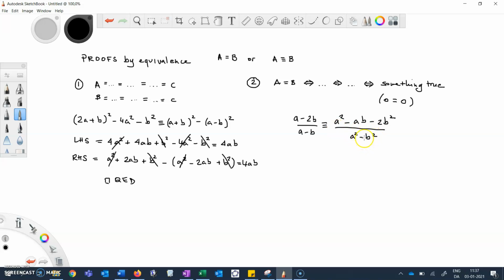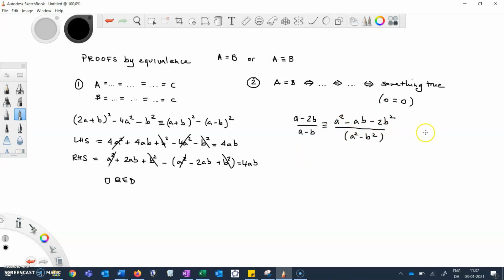And you see now, this expression is quite hard to go from the left-hand side to the right-hand side. Maybe we could go from the right-hand side to the left-hand side, but maybe it's more useful if we work out algebraically these fractions. One way is to multiply this numerator on the left-hand side by the denominator, right? And multiply a minus b by this term here.